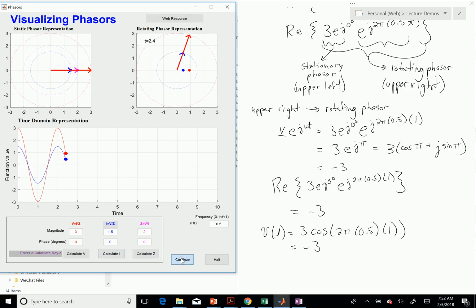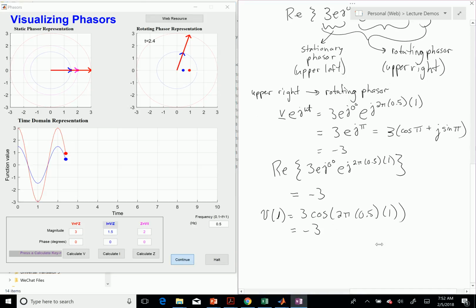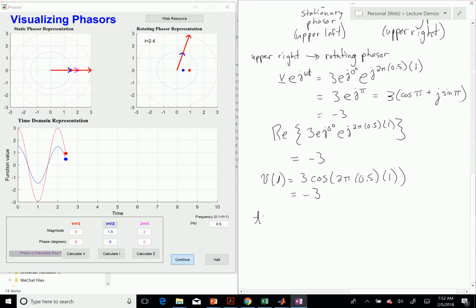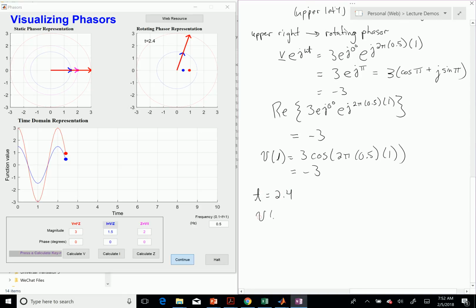and let me pause it somewhere a little bit more random. Okay, so at this particular spot, I'm basically looking at t equal to 2.4. Okay. And we know that v of t is 3 cosine 2 pi 0.5 t. And we know that that's also the real part of 3 e to the j 0 degrees, e to the j 2 pi times 0.5 times t.